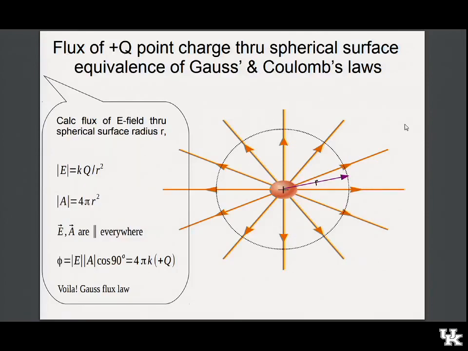Gauss's law is inside Coulomb's law, and you can also think of Coulomb's law as being inside Gauss's law. They're just alternative perspectives on how electrical forces work. Sometimes one's appropriate for a particular type of problem, sometimes another one is. That's why we have these two versions.